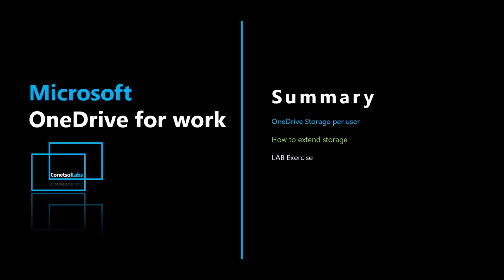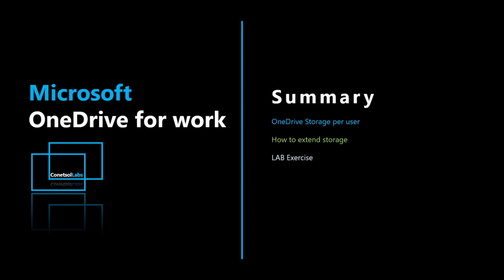Here is a quick summary of what we have learned in this episode and in the lab exercise. We have learned how much storage Microsoft provides per user according to the subscription. If we have less than 5 users in the subscription, Microsoft provides 1 terabyte of storage. If we have 5 or more users, the initial storage is 1 terabyte, and the admin can extend it up to 5 terabytes.